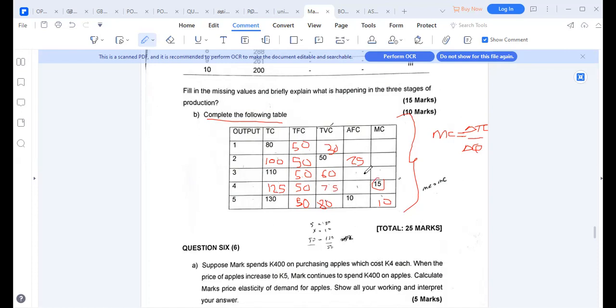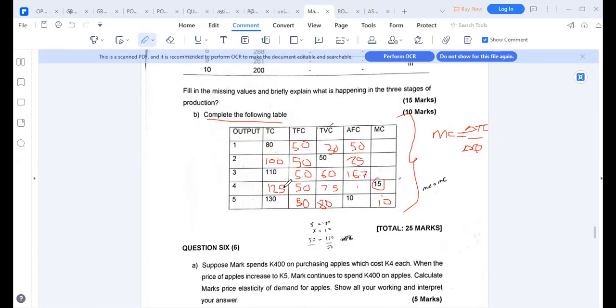So now we're remaining with a few boxes here. So how do we find the average fixed cost? It's simply the total fixed cost over quantity. So this and that is 50. 50 divided by that is 25. 50 divided by 3, what do we get? 1, remainder 2. 2 into 20 is what? 6.67.